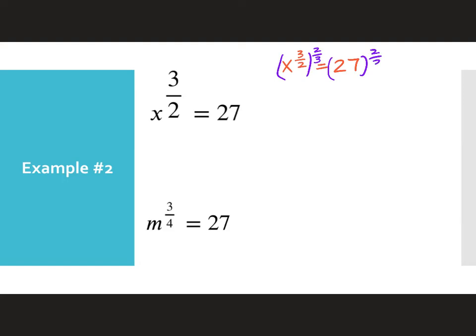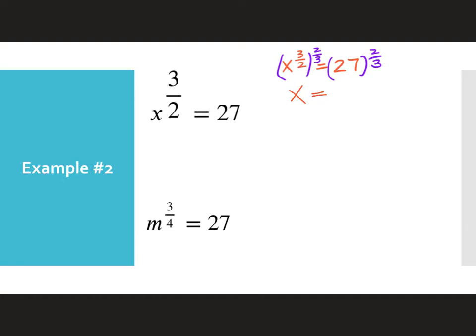I'm doing it to the 2/3 power because I need to cancel out that 3/2 in order to get 1. So I need something to multiply by to get 1. In the numerator, I have 3 times 2, and in the denominator, 2 times 3, which gives me 6/6, which is 1. So on the left side, I have x, and on the right side, I have 27 to the 2/3.